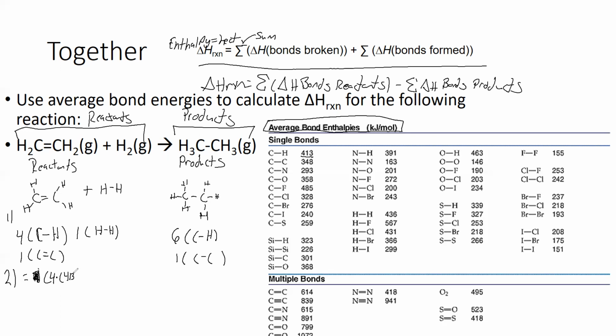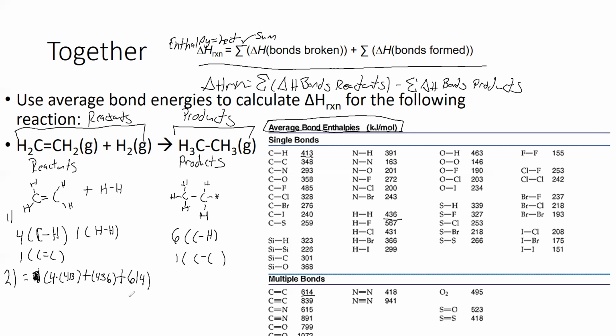So I'm doing 4 times 413, plus, because these are reactants, so I'm adding them all together, plus 1 hydrogen-hydrogen bond. A hydrogen-hydrogen single bond has an energy of 436, plus the energy of a carbon-carbon double bond, which has the energy of 614.